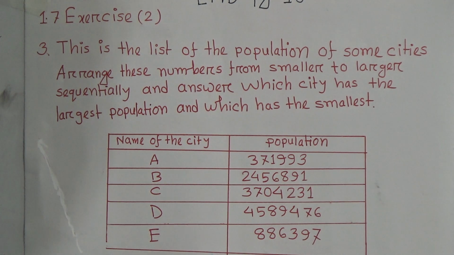And city E, its population is 8,86,397. Now our question is you have to arrange the population from smaller to greater. Then you have to find out which city has the largest population and which city has the smallest population. Now let's solve.